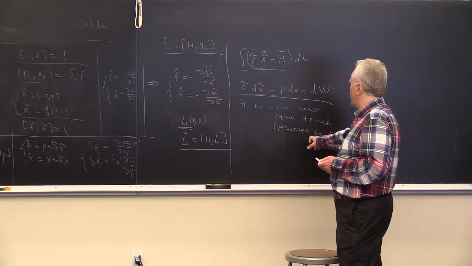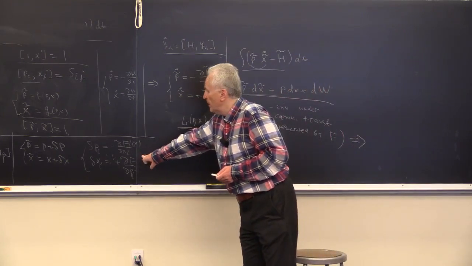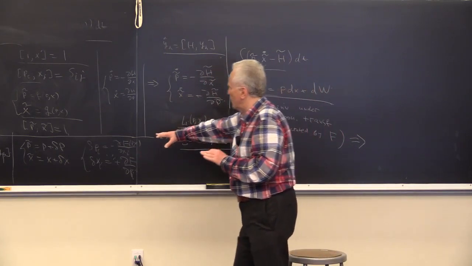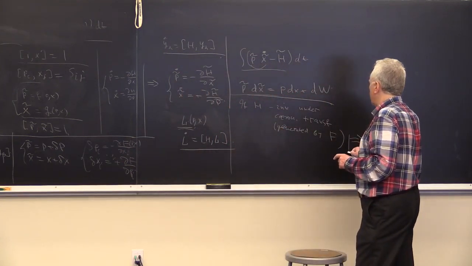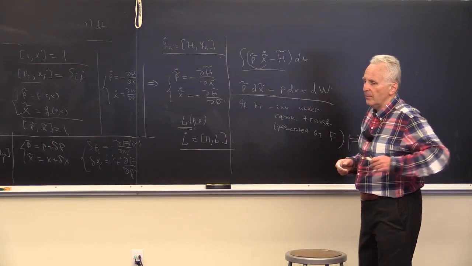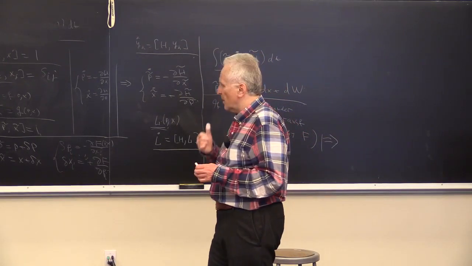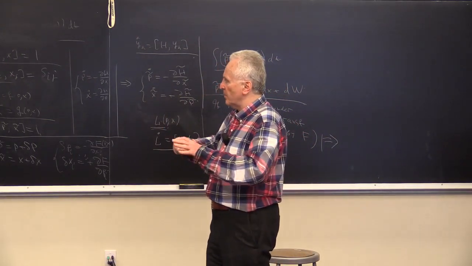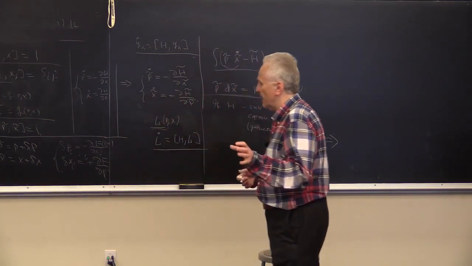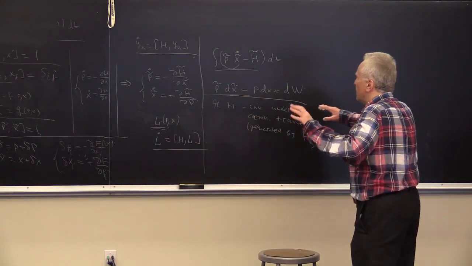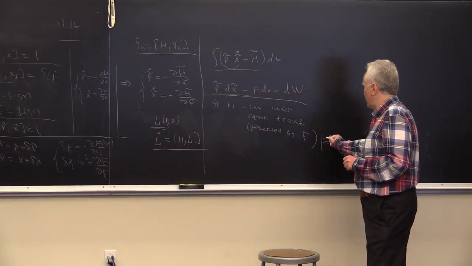When I say generated by, I mean this formula. So the function is given, and you differentiate, you find it. Then what is the consequence of it? Suppose you have a Hamiltonian invariant under a canonical transformation. Again, a generic canonical transformation. Under a generic canonical transformation, the Hamiltonian is not invariant. It doesn't have to be. But suppose that, as in this case, there is such a thing. Then what is the consequence?